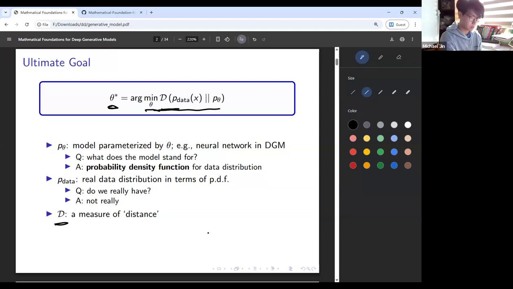So one question is, do we really have the real PDF for the data? We do not, because a probability density function is continuous, while we only have a number of training samples. So this is the problem of discrete versus continuous. We are only given limited sample data, right? I write it as this.